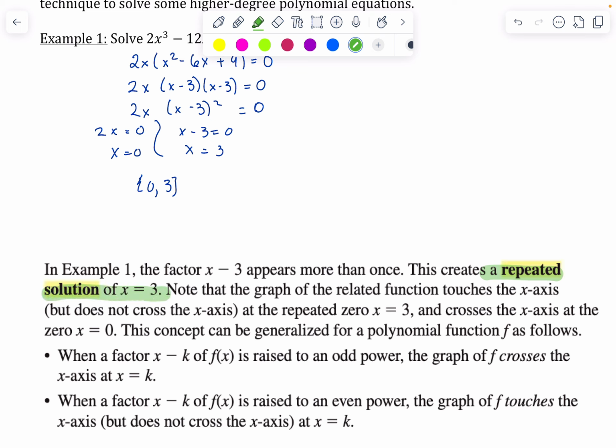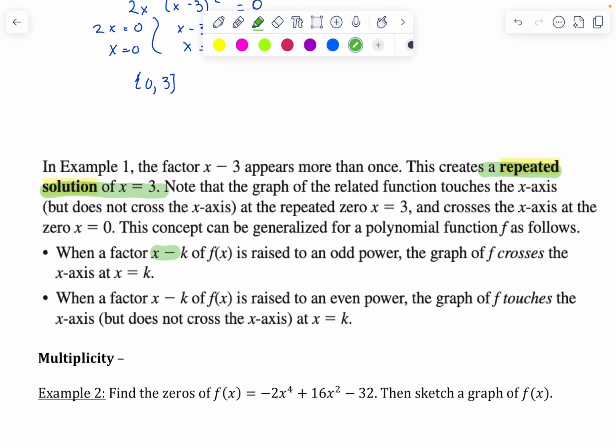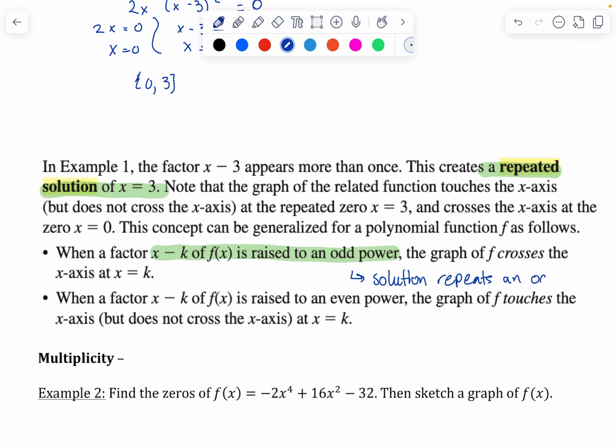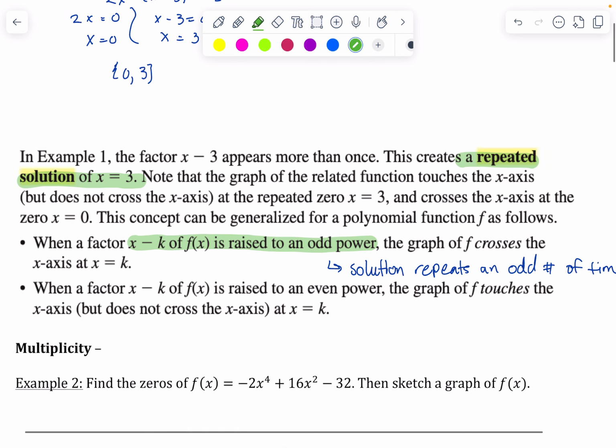Now, whenever you have a repeated solution, this is going to cause the function to either bump or cross the x-axis at that point. So, if you have a factor raised to an odd power, which means that the solution repeats an odd number of times, then what happens is you're going to cross the x-axis at that point.